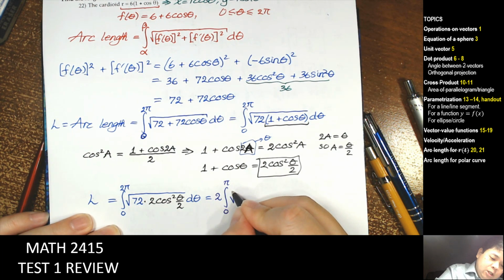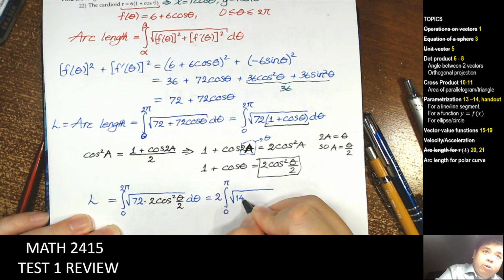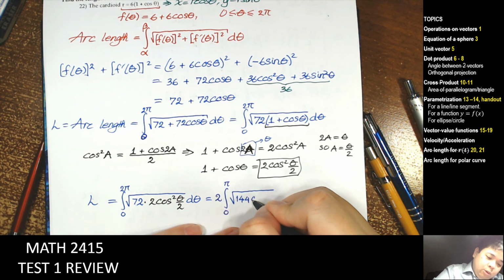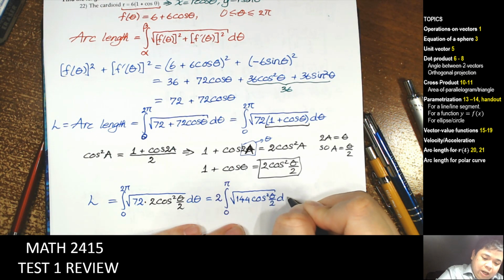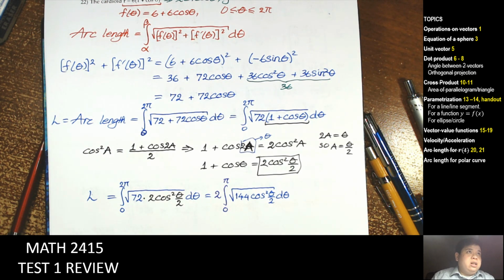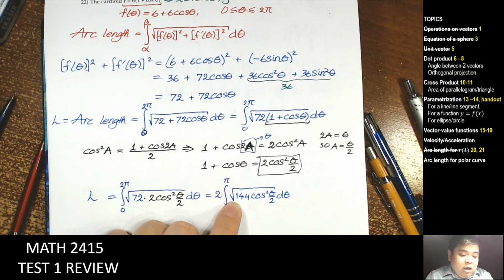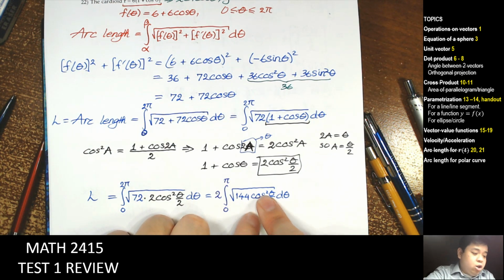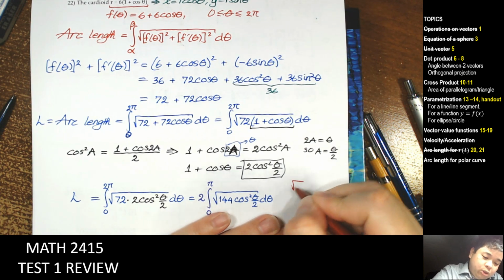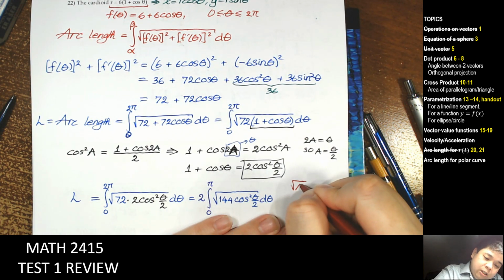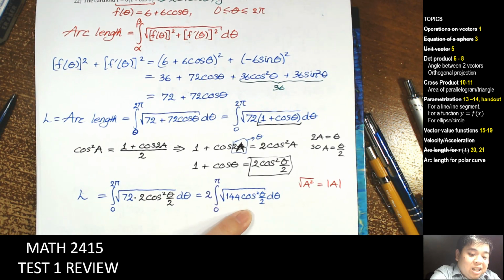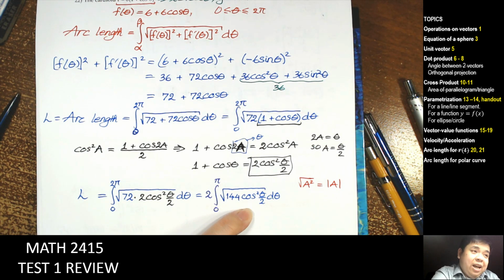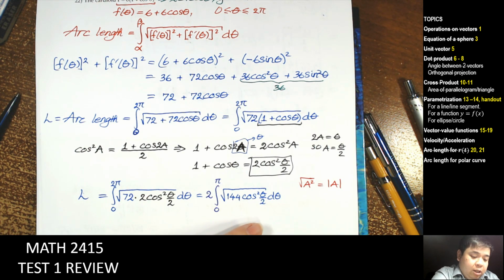And that gives us the square root of 144 cosine squared of theta over 2. Now, we certainly can simplify that, but not only can we, we have to. The reason being the square root of a square: in general, the square root does not cancel the square. It only gives us the absolute value of A. So we have to guarantee that the cosine of theta over 2 is positive.